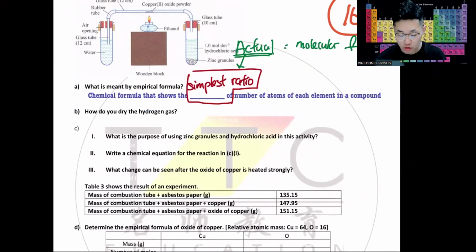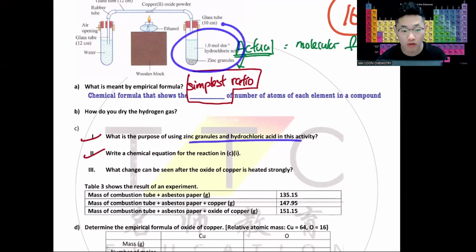I want you all to do this first. C1 and C2: tell me what is the purpose of having zinc and hydrochloric acid in this part. You write it down into your book. Okay, I give you 10 seconds.